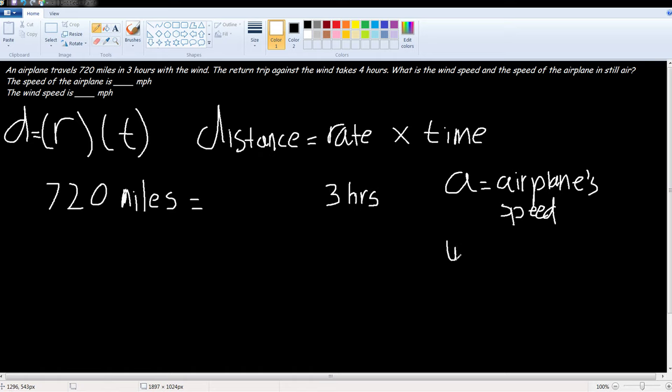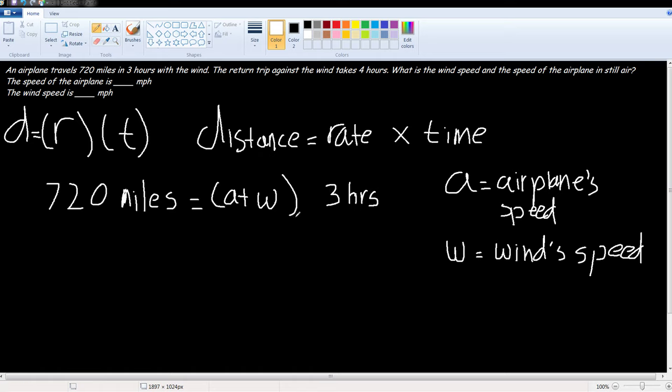And then we have W for wind speed, right? Now if we take a closer look, the rate at which this airplane is traveling would be the sum of the airplane speed and the wind speed. So we would just do A plus W.